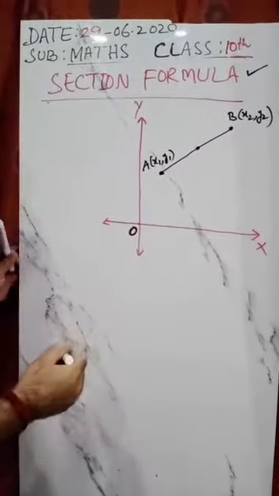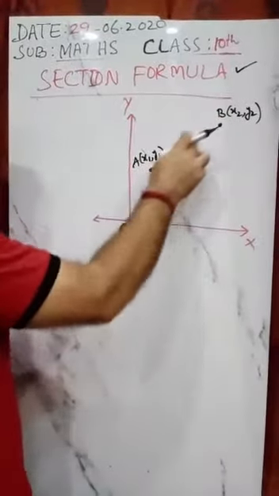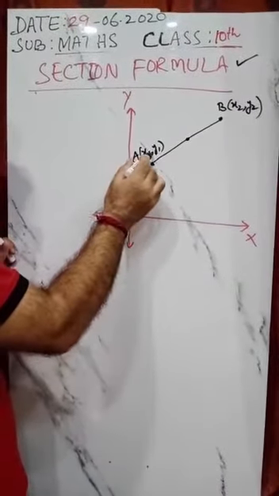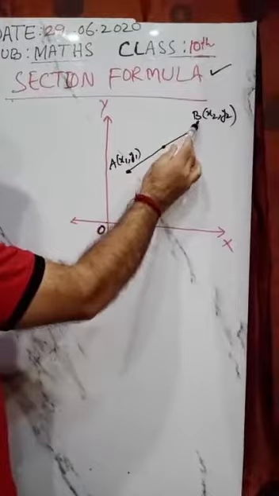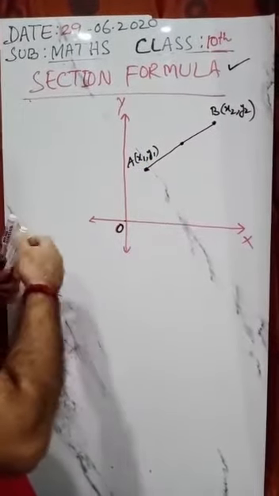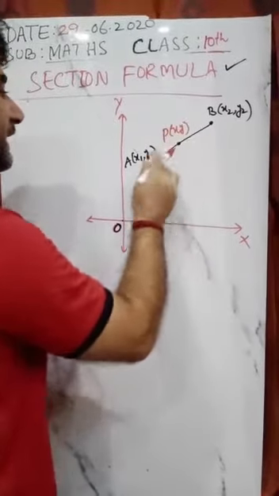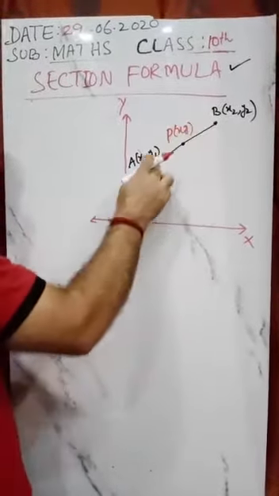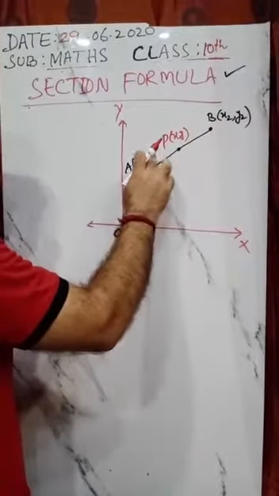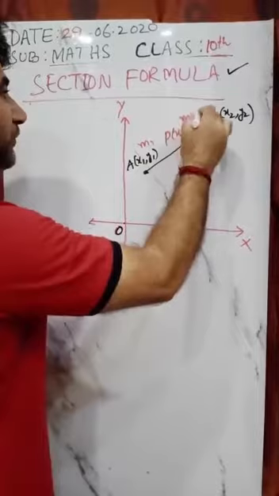So here we have an x-axis and y-axis intersecting each other at point O, that is a Cartesian plane. We have 2 points A and B. The coordinates of A are x1, y1 and the coordinates of point B are x2, y2. Let P be a point whose coordinates are x, y, which divides this line segment AB in the ratio m1 and m2.